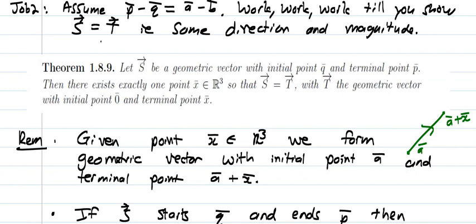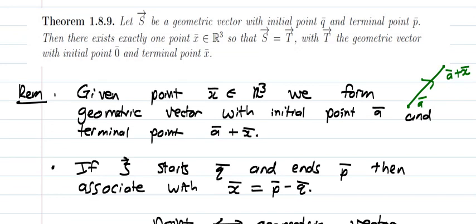If you're given any 3D vector X, we can form a geometric vector with initial point A and terminal point A plus X. And likewise, if geometric vector S starts at point Q and ends at point P, then we can associate that geometric vector S with the 3D vector X, taking the end point minus the starting point.